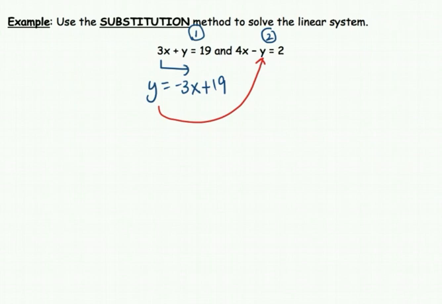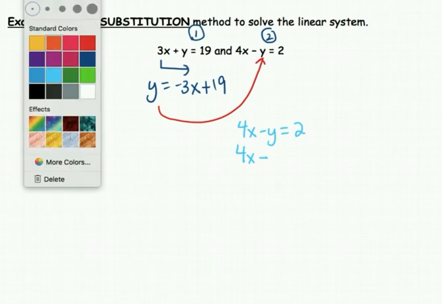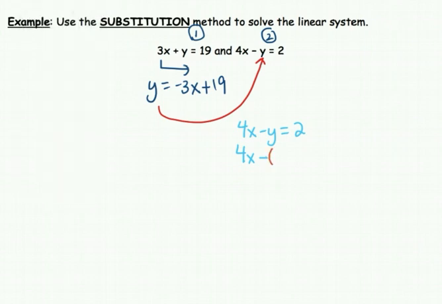So here is equation number 2, 4x minus y equals 2. Okay, so I am subbing in equation 1 into here. 4x subtract, so I'll use a different color here. So we're putting equation 1 into where y is, so we're subbing it in, replacing it.